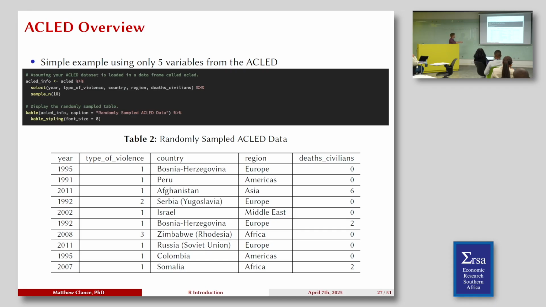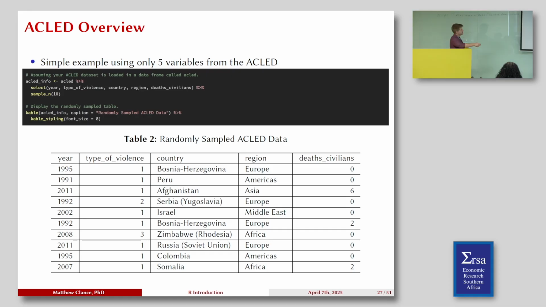Then you have the pipe that tells it, after you get this, I want you to select these five variables. And I want you to sample 10 of them. Out of all the observations within this data set, just give me 10 of them. So in that case, this new data set that I created, ACLID info, is only a random sample of 10.